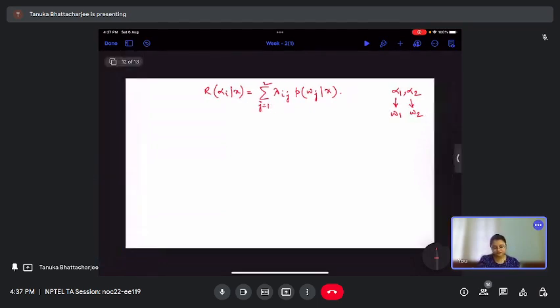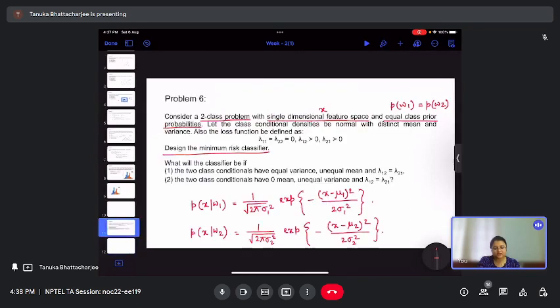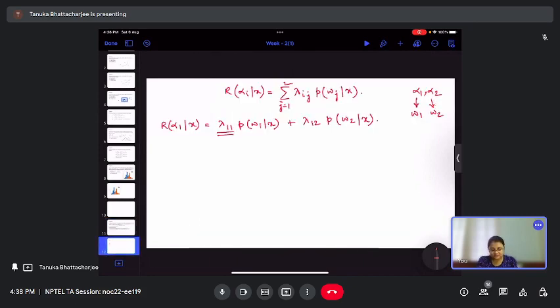So the expression for risk of alpha 1 given x will be lambda 1 1 into probability of omega 1 given x plus lambda 1 2 into probability of omega 2 given x. As it was mentioned in the question that lambda 1 1 and lambda 2 2 are 0 and lambda 1 2 and lambda 2 1 are non-zero. So here lambda 1 1 is basically 0 and lambda 1 2 is greater than 0.